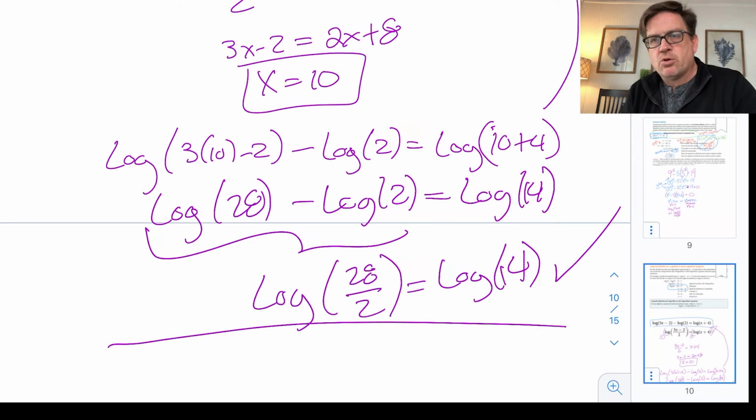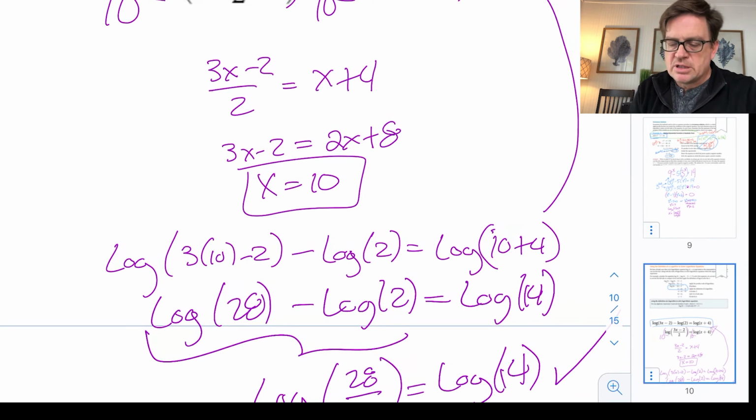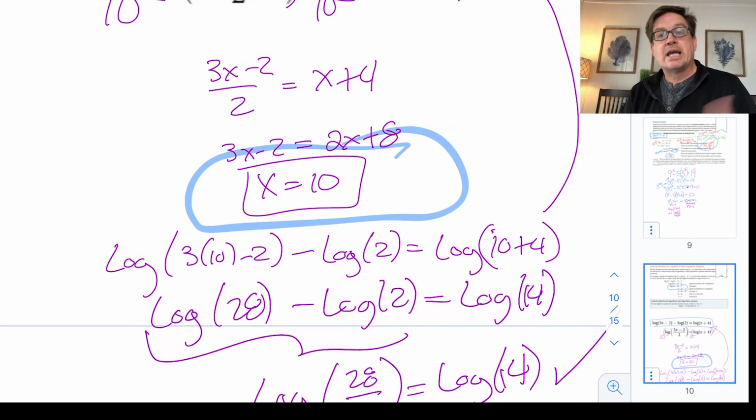One thing to watch for is sometimes you get fake solutions. If we had solved this algebra at this point here, and we ended up, say, with x equals negative 10, somehow the algebra came out to be x equals negative 10.